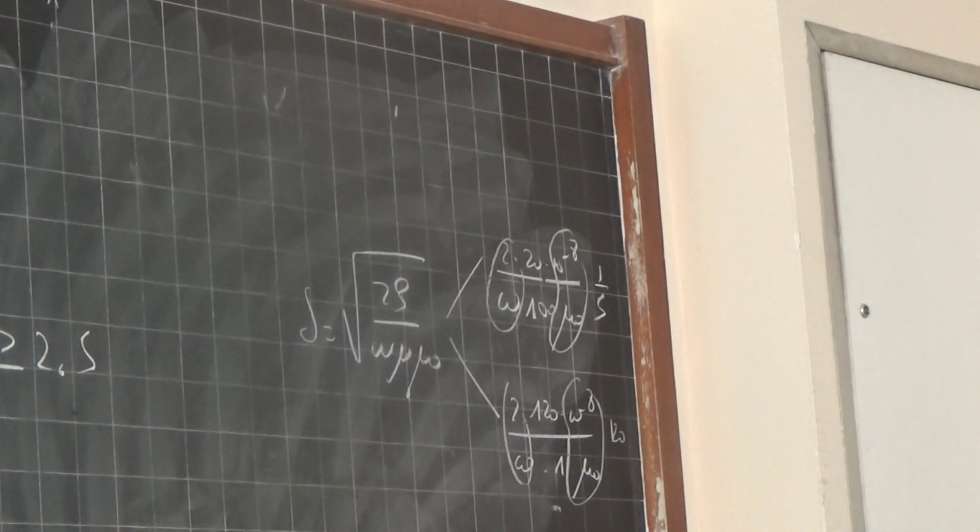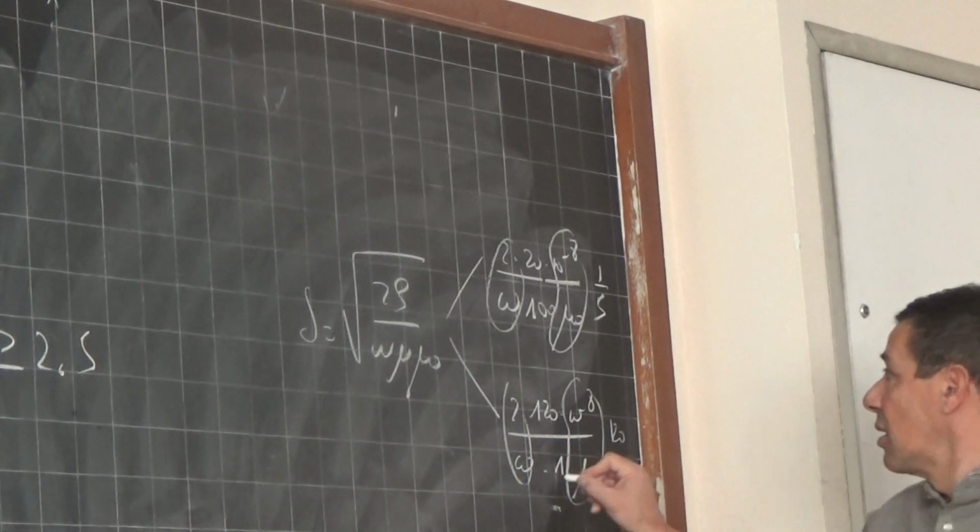So let me say that there is a big variation of the penetration depth from below Curie temperature and above Curie temperature. And the driving parameter is mu.